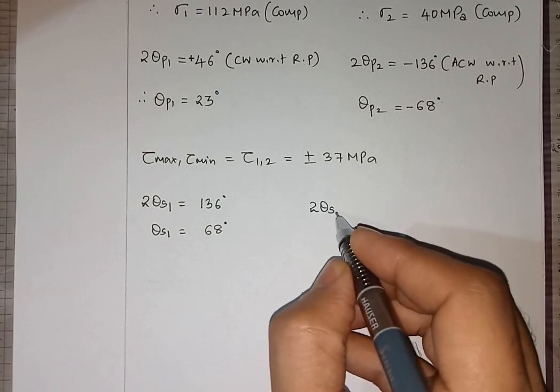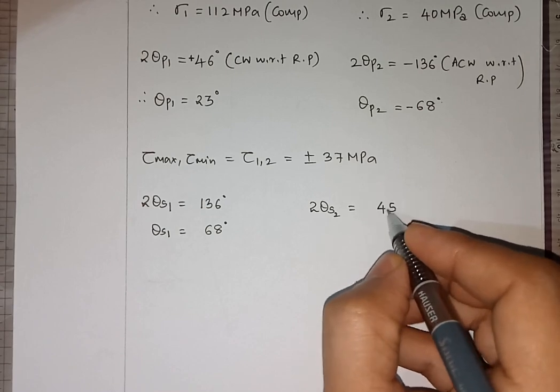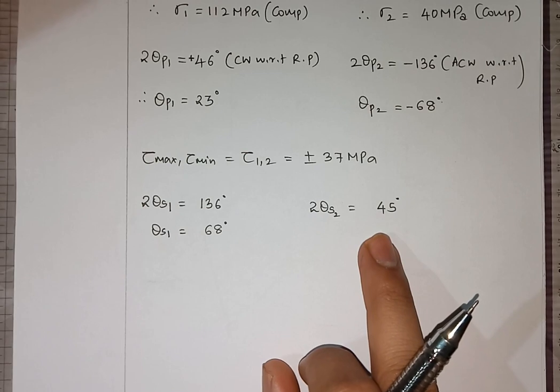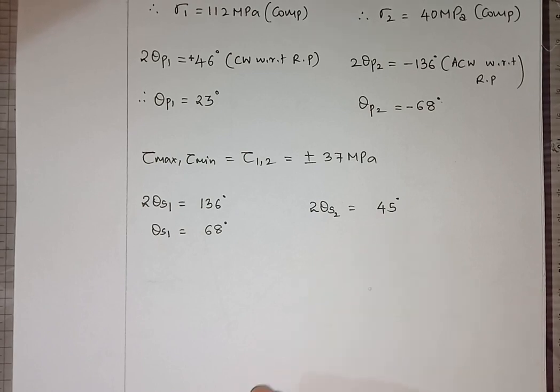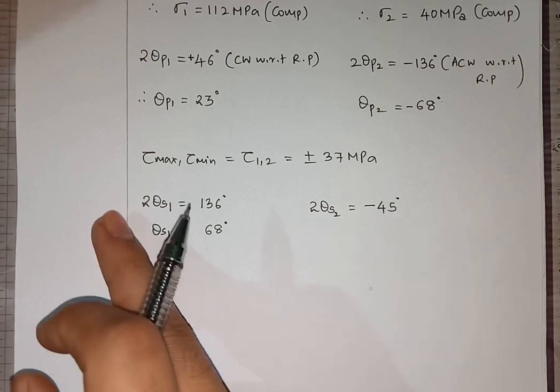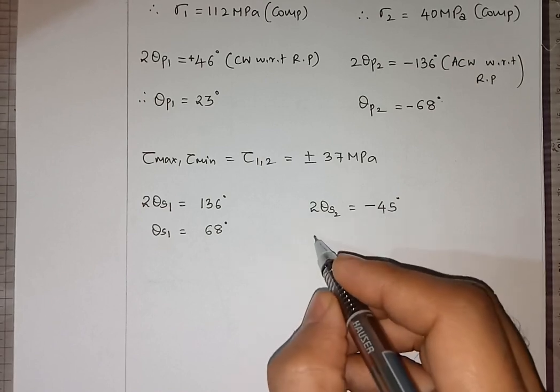Similarly 2 theta s2 is 45 degrees, but that 45 degrees is measured in the anti-clockwise direction with respect to the reference plane. That is the reason it is negative.